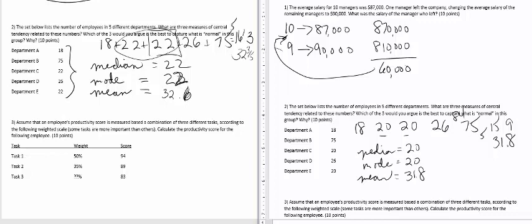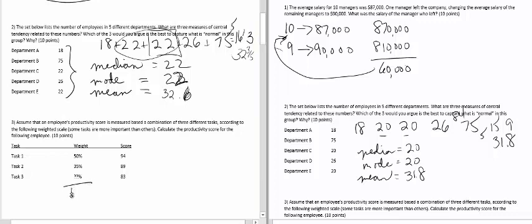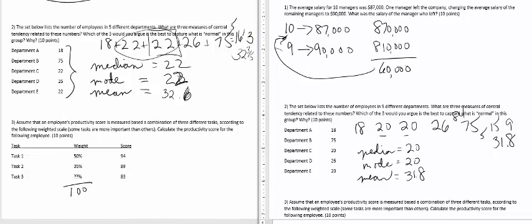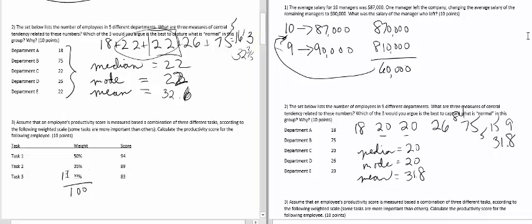It would be, well, your grade's going to be made up of 100% of something. So if there are only 3 tasks that go into this assessment, then the first is 50%, the second is 35%. That must mean that the third is 15%, which is what it is.